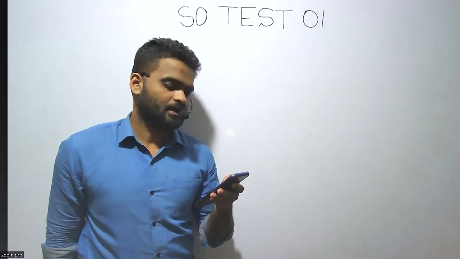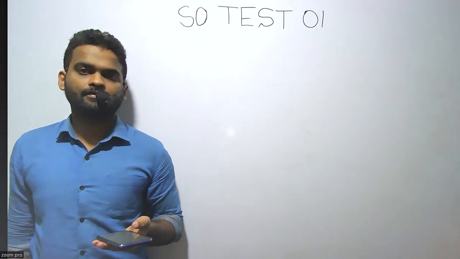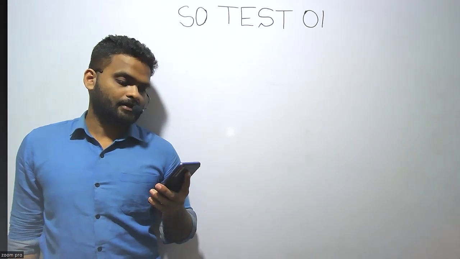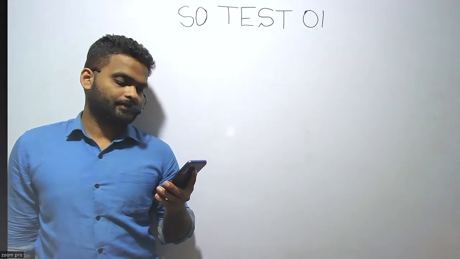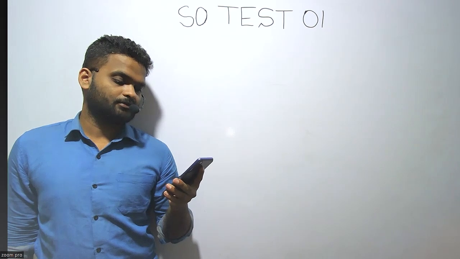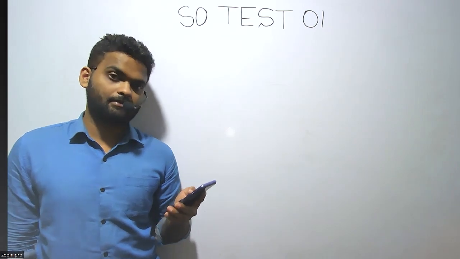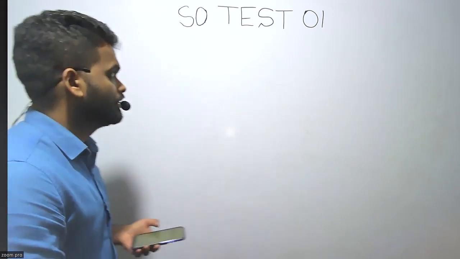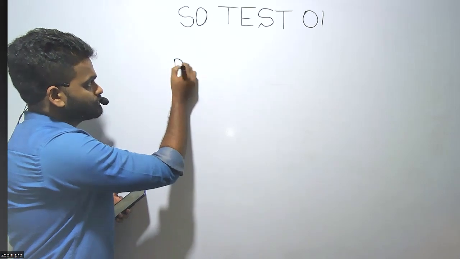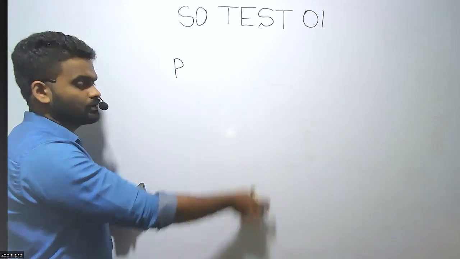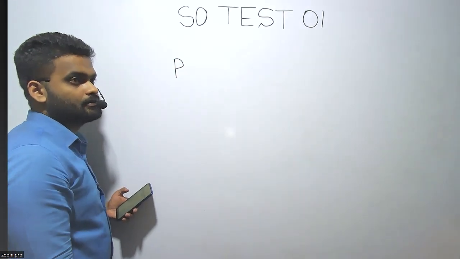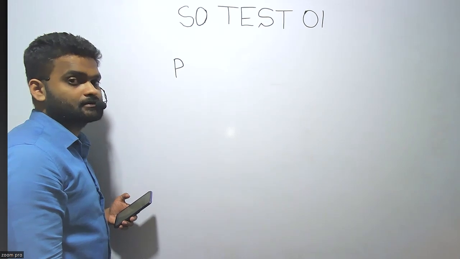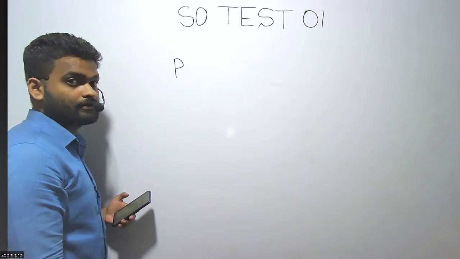Right. Then the fifth question. If pressure of air is P and volume is V, units of PV can be. Okay. So what is the unit of pressure? In O levels, you know this. If you have learned hydrostatics, now you know this very well, right?